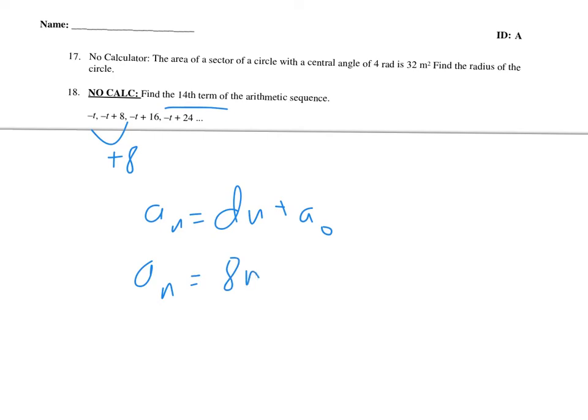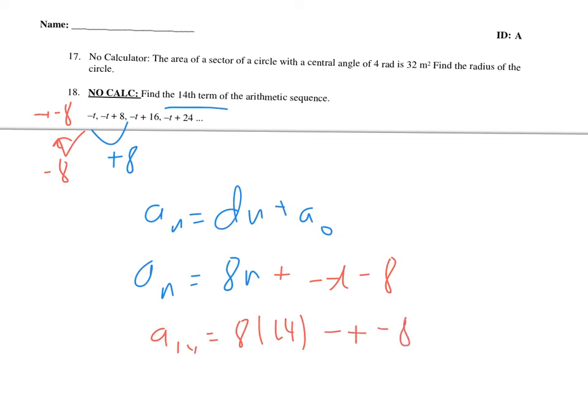And a sub 0 is what is the term before the first term going this way. So I'm going to subtract 8 from the first term, and I'm going to add negative t minus 8. Now if I want to find the 14th term, I can just plug in 14 here for n, and minus t minus 8. And then 8 times 14, what is that?